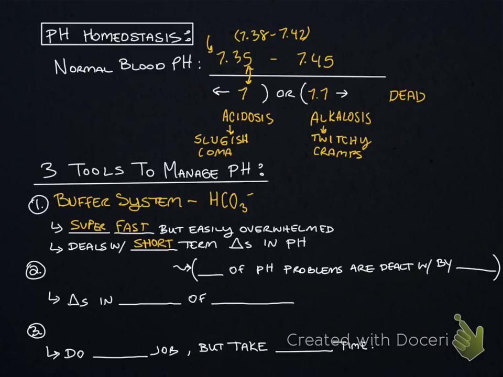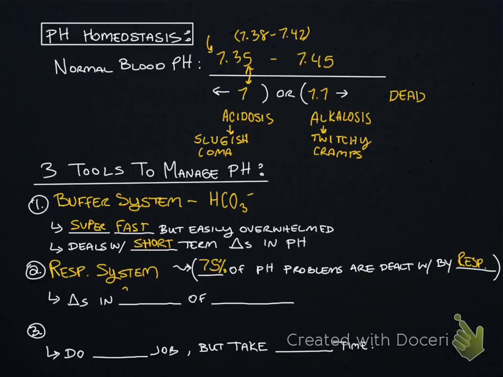Now, the majority, like 75% of our pH problems, are dealt with by the respiratory system. And you wouldn't even notice because, whenever you yawned right there, I was waiting for somebody to yawn.